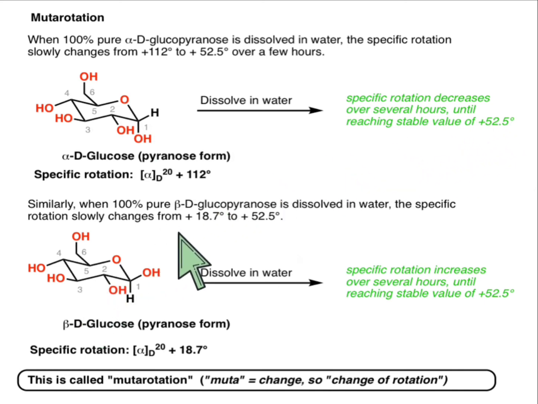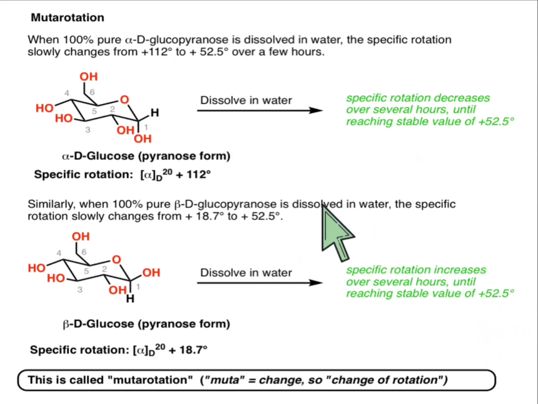Whereas a fresh solution of beta D glucopyranose has a specific rotation of 18.7, or about 19 degrees. This goes on increasing until it reaches a constant value of 52.5 degrees after a few days.